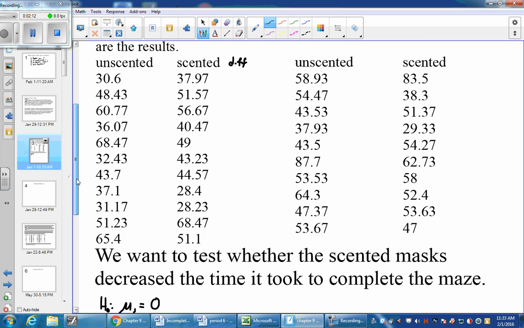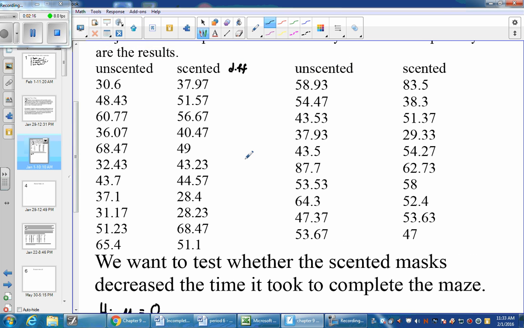So let's think. We want to know if scented masks decrease the time. So we want this number to be less than this number. If this is less, we'd assume that's a smaller number. So I want to do L1, or unscented, minus L2, and hope that's a positive number.